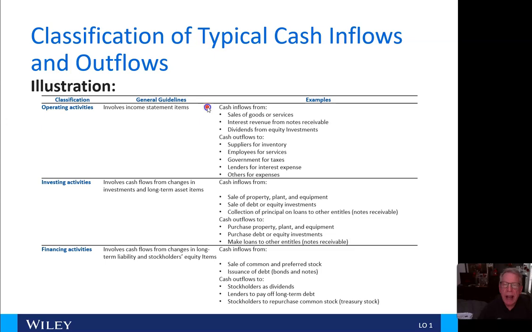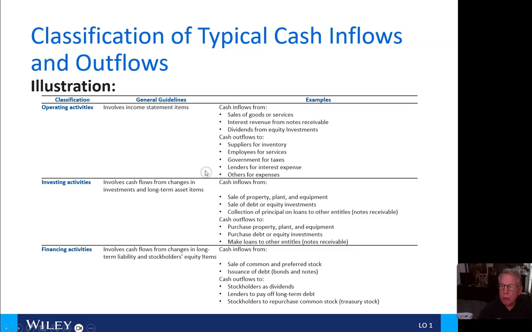Here we have cash flows from our normal operating activities, which include sales of goods and service, interest revenue from any notes receivable that we might have, dividends from equity investments, but we also, of course, have cash outflows to suppliers for inventory and other items, employees for their services, the government always wants their taxes, lenders for interest expense, and other expenses.